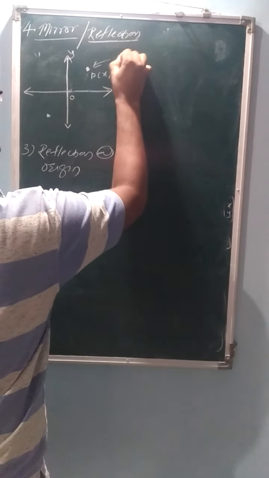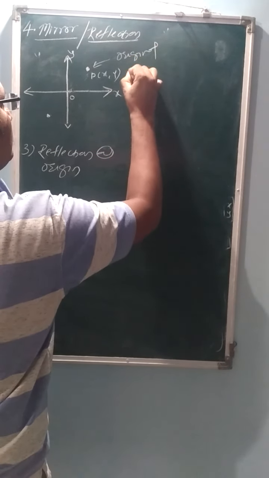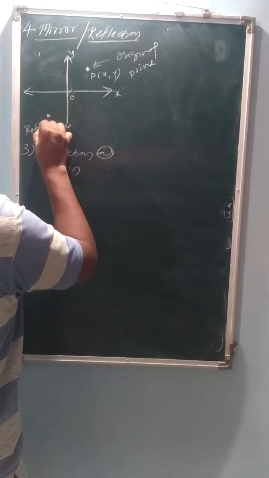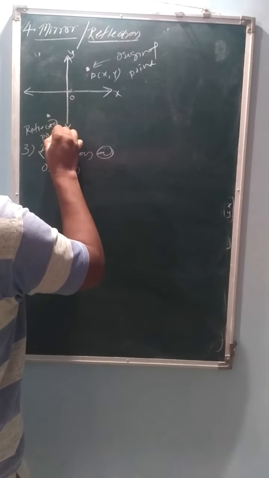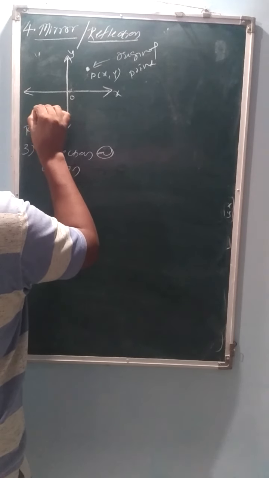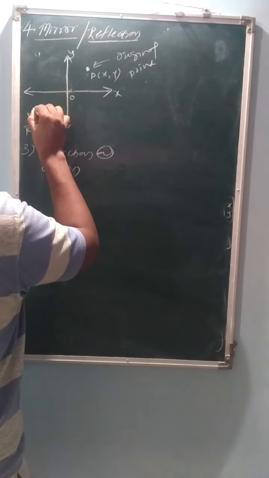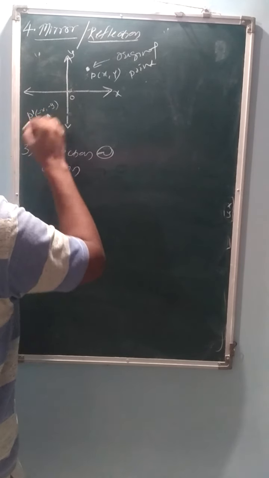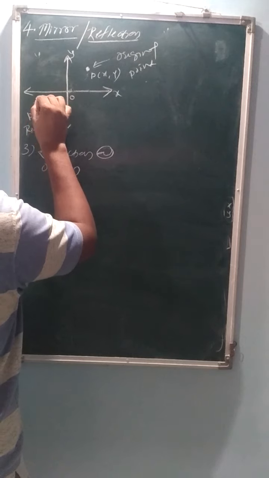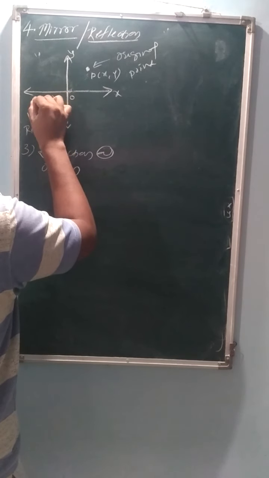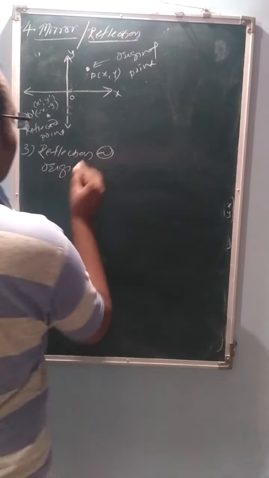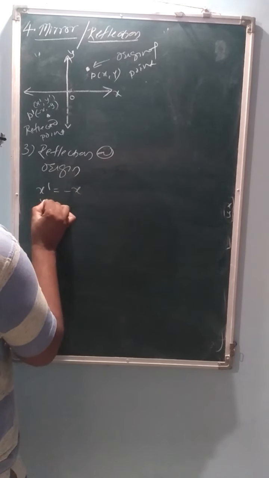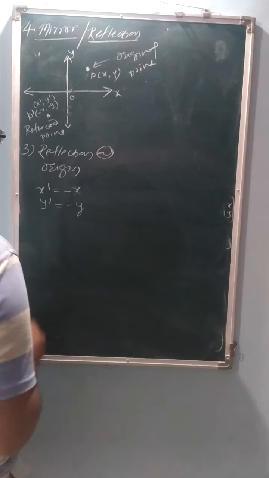So this is the original point, and this one is the reflected point P dash. Definitely the coordinates will be minus x and minus y. So x dash equals to minus x and y dash equals to minus y.